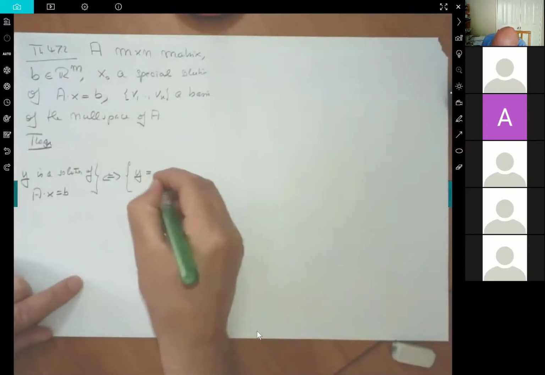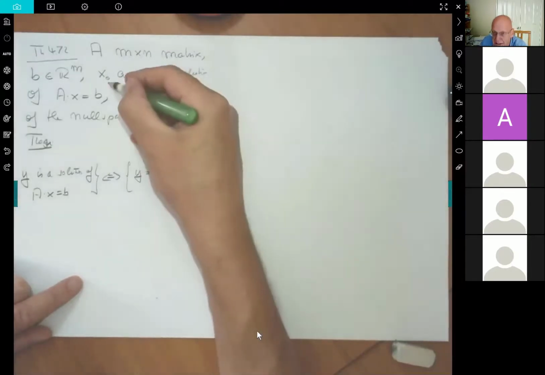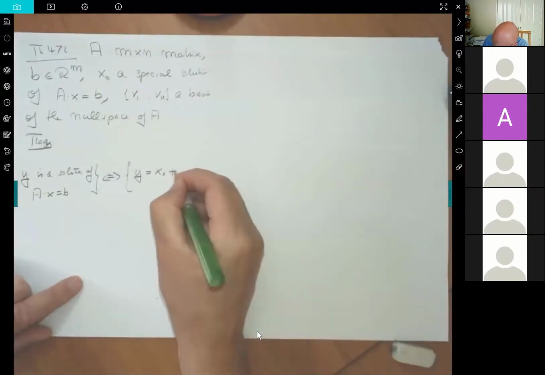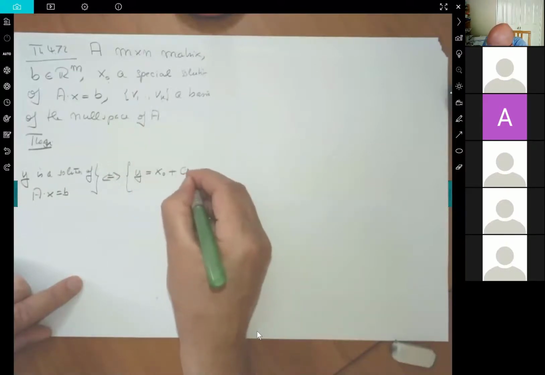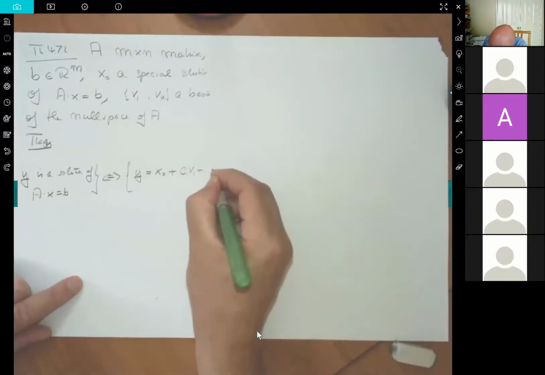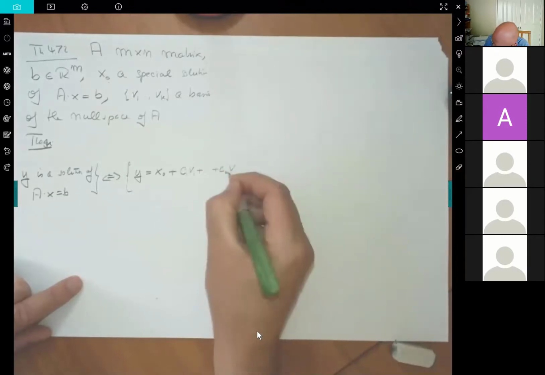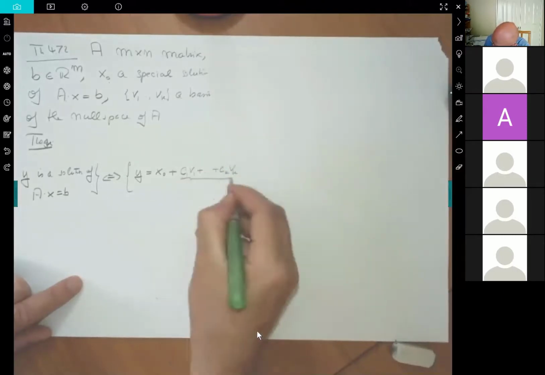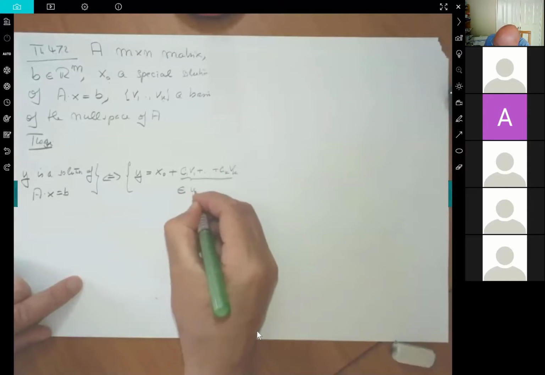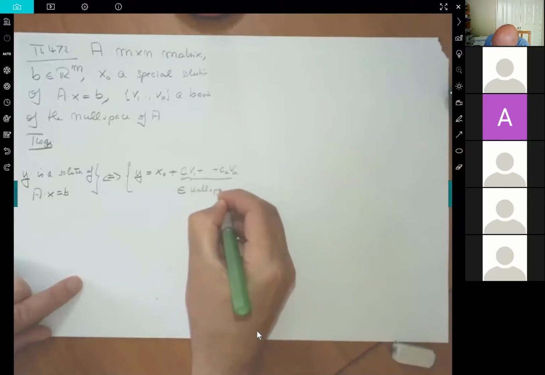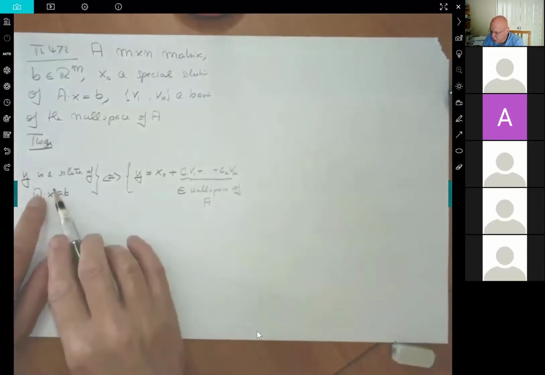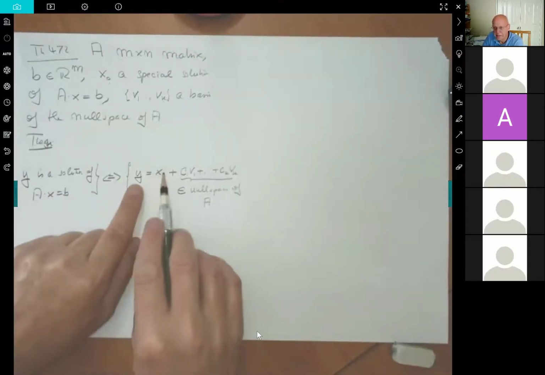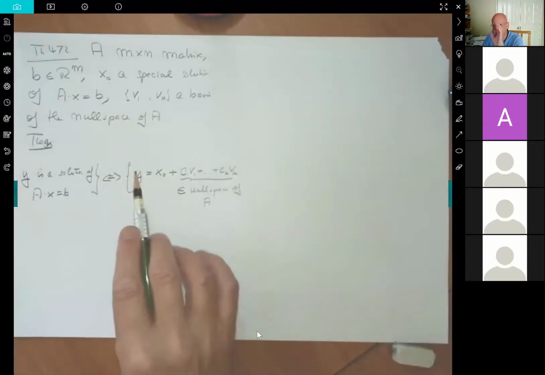Y is equal to X0, my fixed solution, plus a linear combination of the basis vectors. So this here is in the null space of A. That means every solution can always be written as one fixed solution, and this one you pick once and forever.